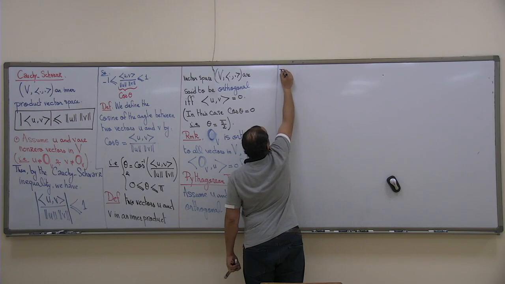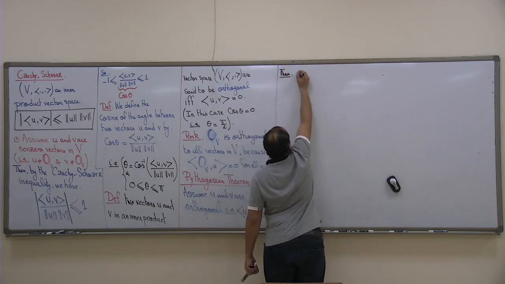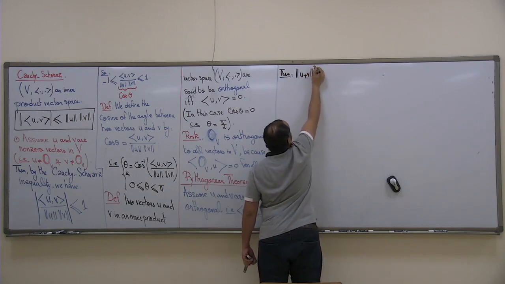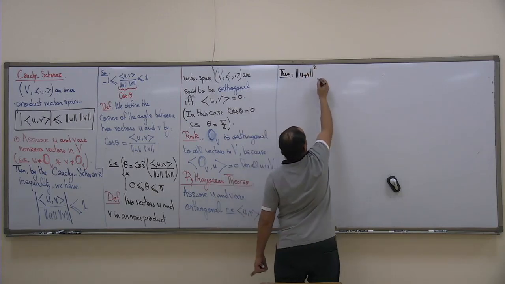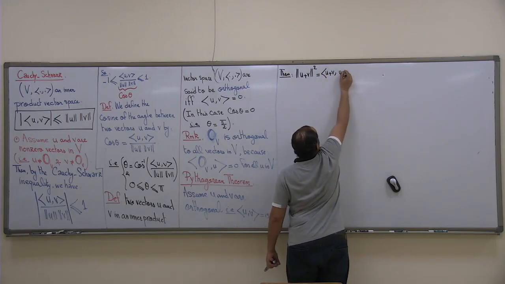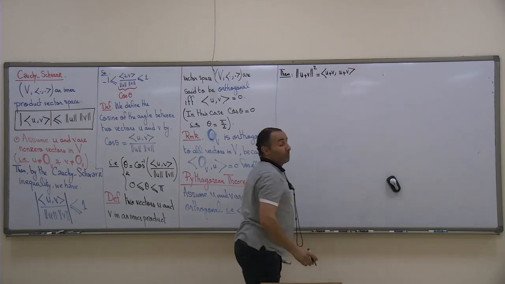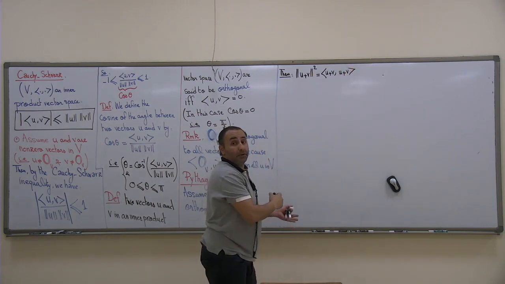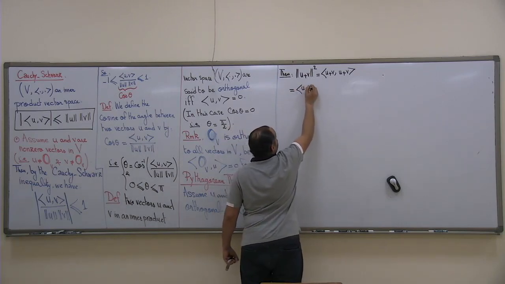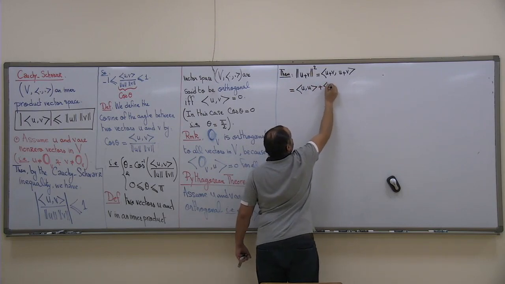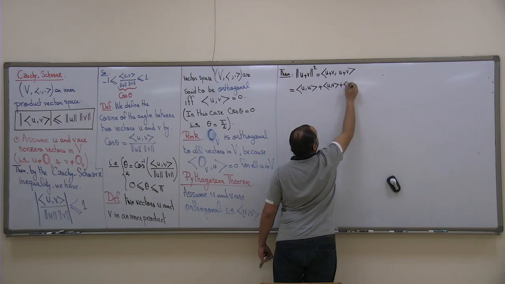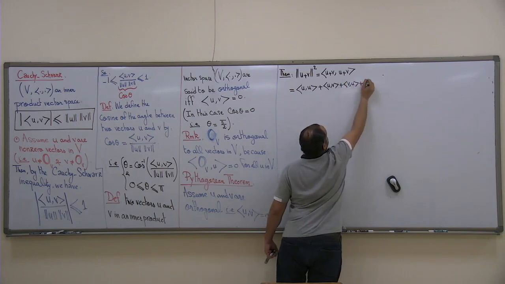Then I'm going to compute the norm of u plus v, all squared. By definition, this is the inner product of u plus v with u plus v. Now I use the property of the inner product, linear in the first component and second component, and then you just write it: it's the inner product of u with u, plus u with v, plus v with u, plus v with v.